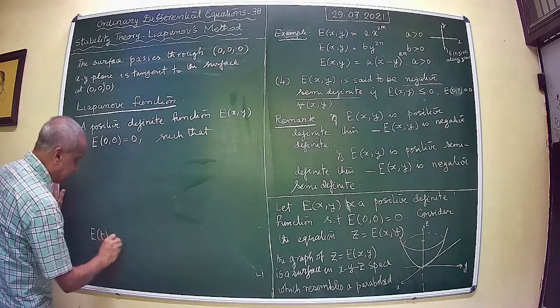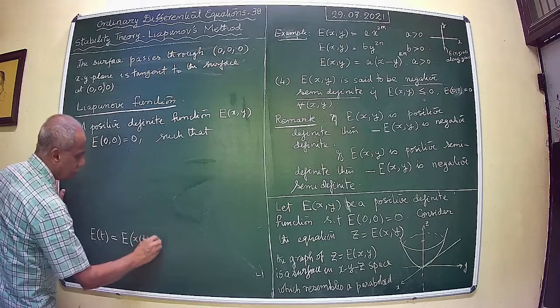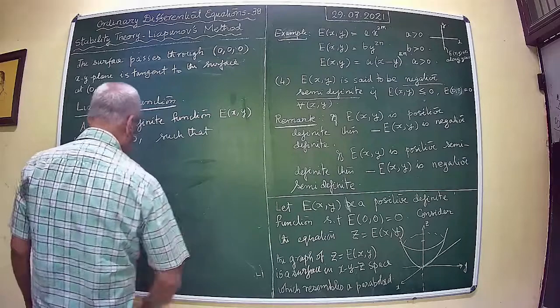What is E(t)? E(t) was E of x(t), y(t). We are taking a characteristic.